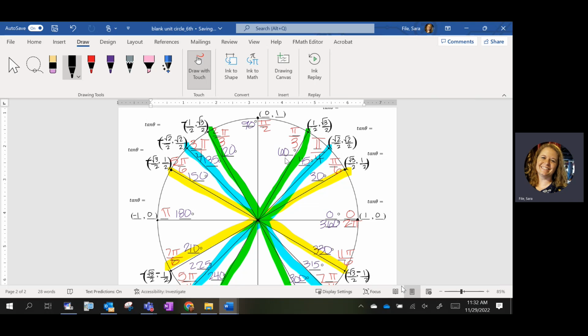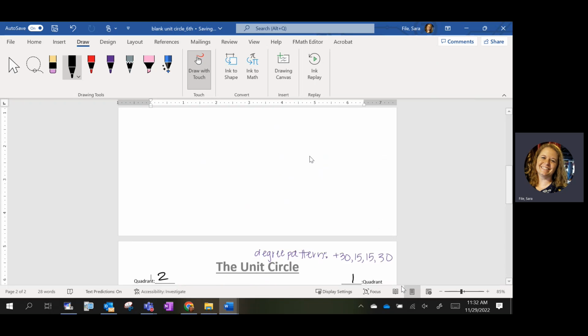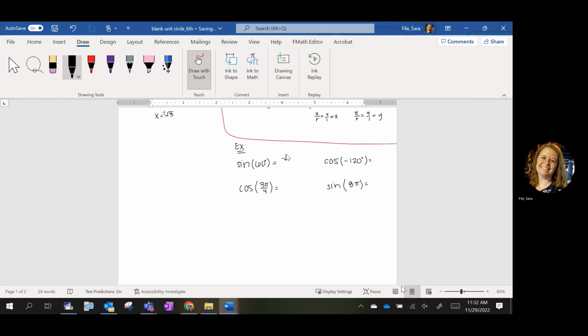So at 60 degrees, the Y value is root 3 over 2. So sine at 60 degrees is root 3 over 2. That's it. That's your answer. If you know how to read your unit circle, these start coming very, very quickly.